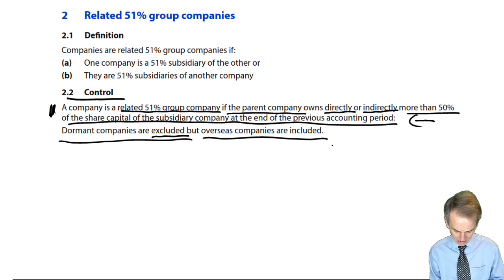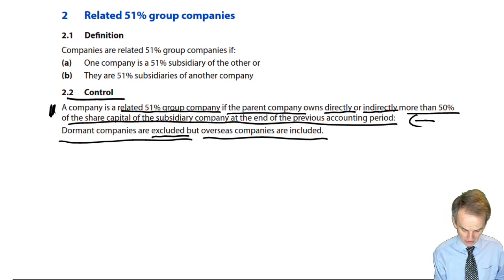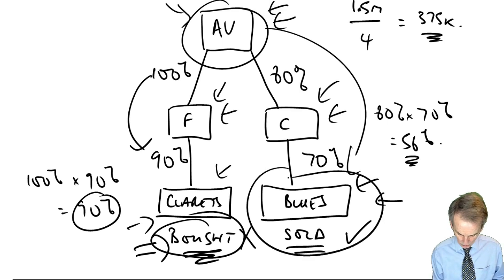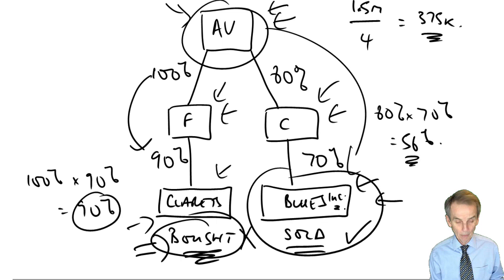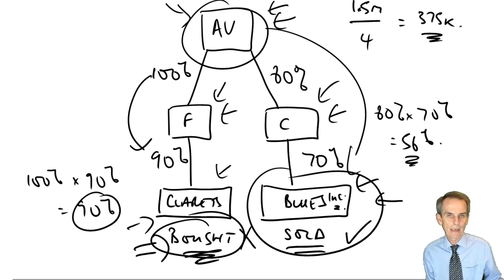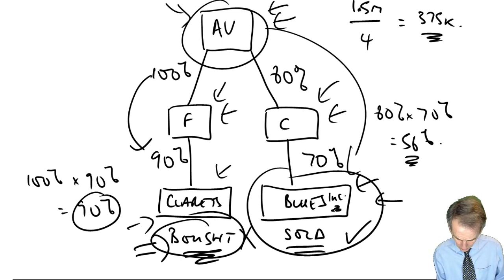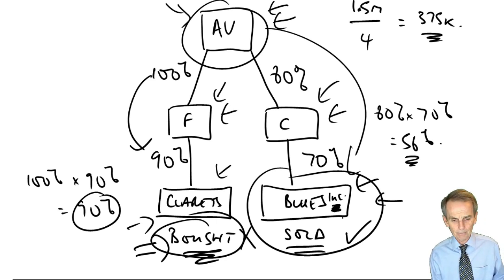So if we had an overseas company being included, so just going back to this for example, if Blues, instead of being Blues Limited, was Blues Inc., for example, a non-UK resident company, then even though it may or may not have been sold as well during the period, it was a related 51% group company at the end of the previous period. And even though it is non-UK resident, it's Blues Inc., not Blues Limited, it doesn't matter.